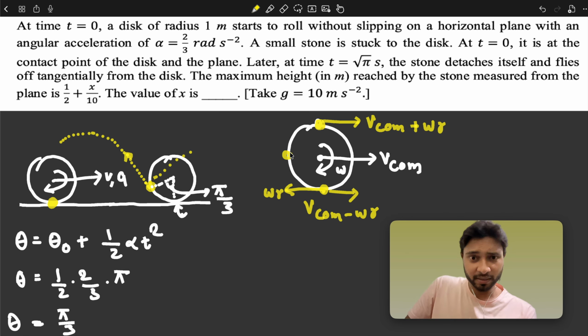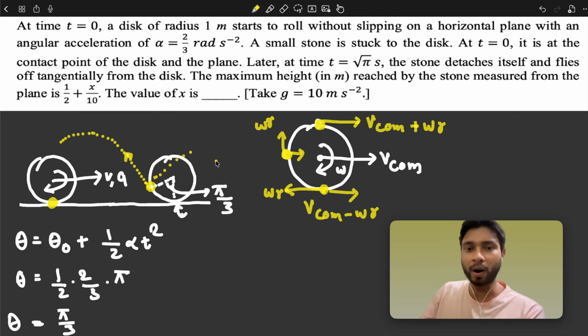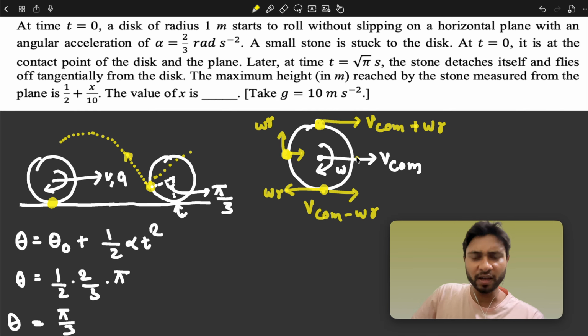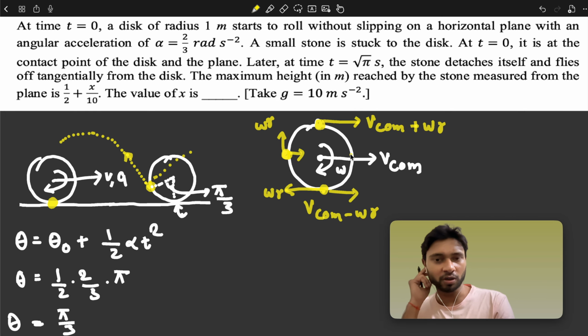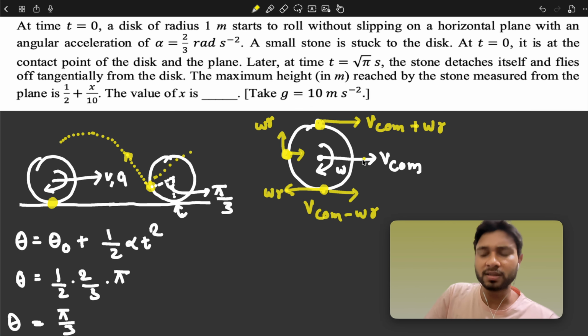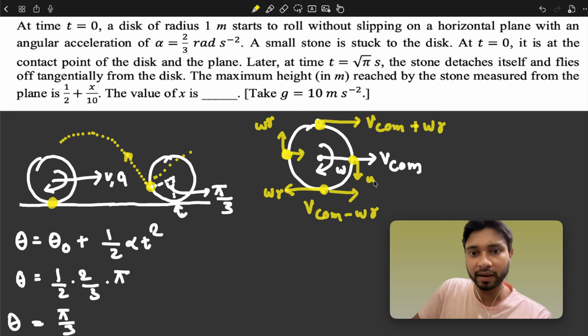For this point, the tangential velocity will be in this direction and the velocity of the center of mass will be in this direction. So the net velocity of this point will be omega r in the y axis and velocity of center of mass in the x axis. I hope everyone watching this video knows vector addition and the basic concepts of rotation. Okay, for this point the velocity will be v center of mass here and omega r here.